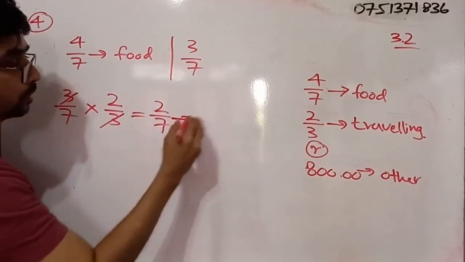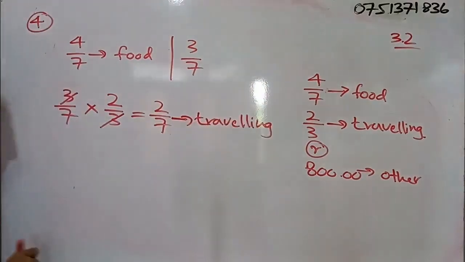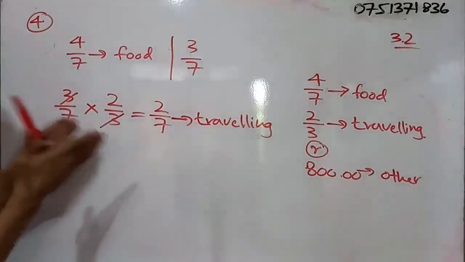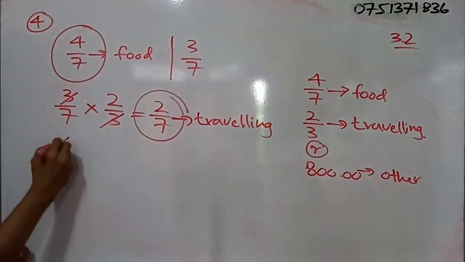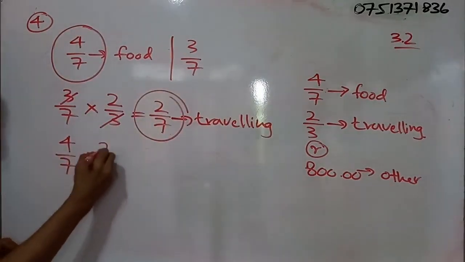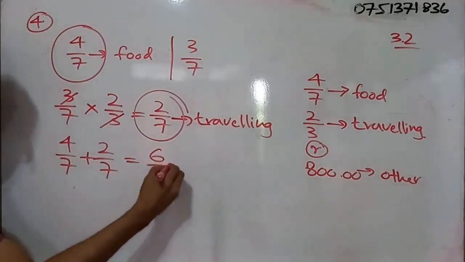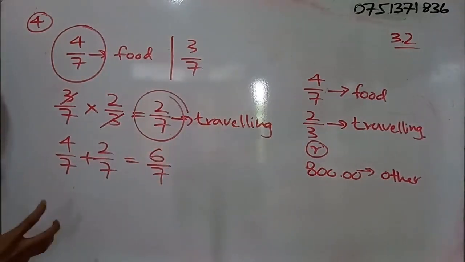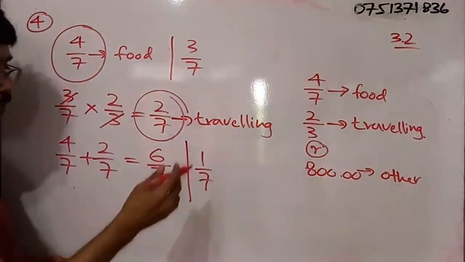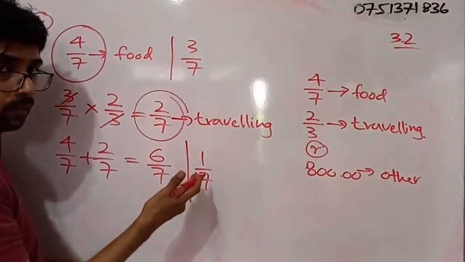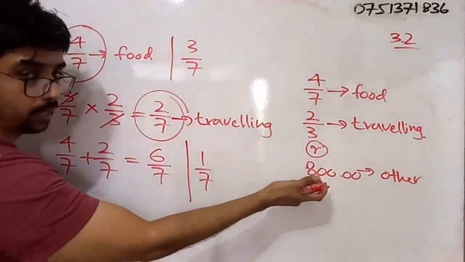This amount, that is for traveling, huh? Now what is the total amount for food and traveling as a fraction? 4 by 7, we have to add the 2 by 7, no? So we get what? 6 by 7. What is the remaining amount? 1 by 7, no? So 1 by 7, we can assume that is equal to what?